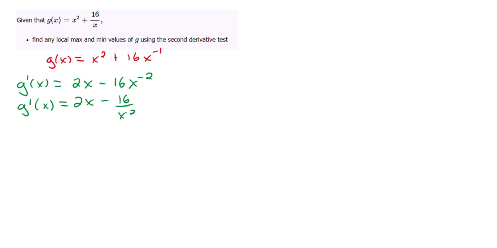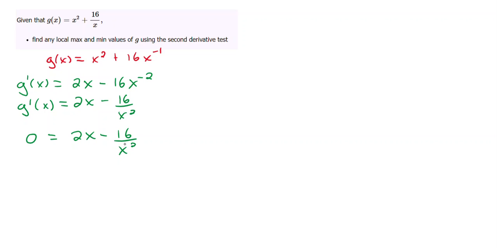So now from here, if we find our critical numbers, we want to make this equal to 0, right? And just notice that when we make this equal to 0, it's not exactly clear what would make this all equal to 0 if it was written in this form.